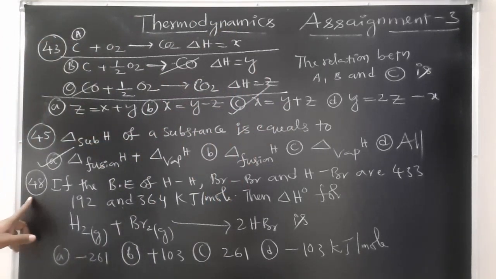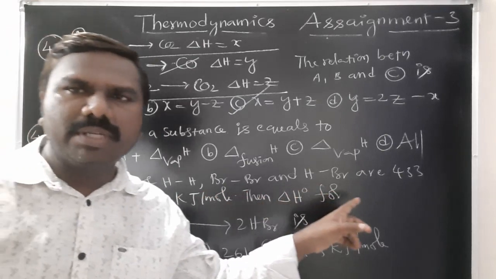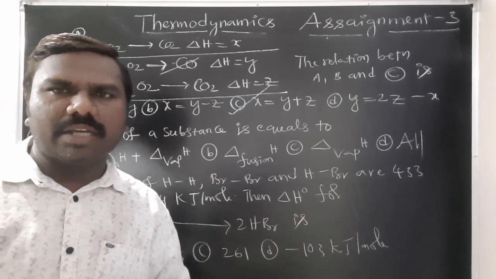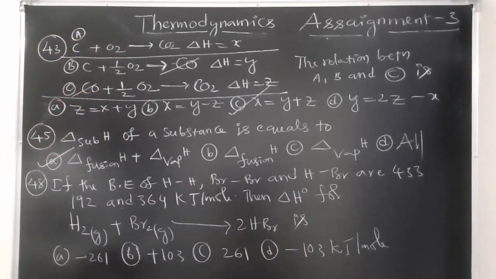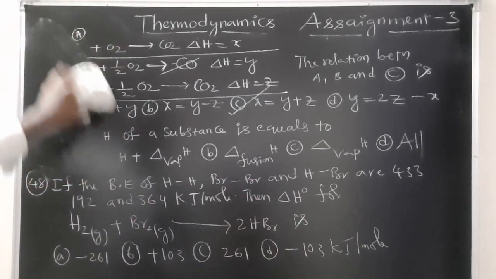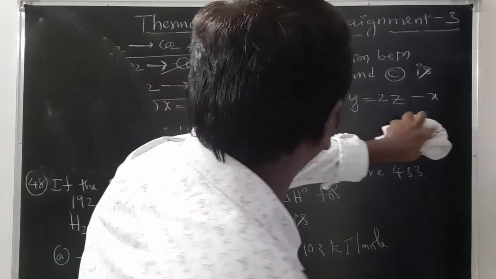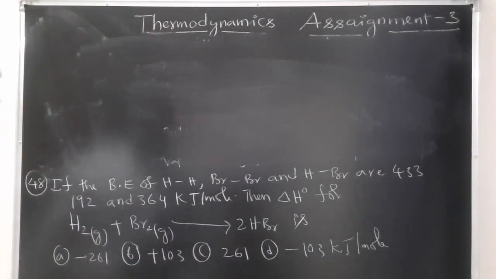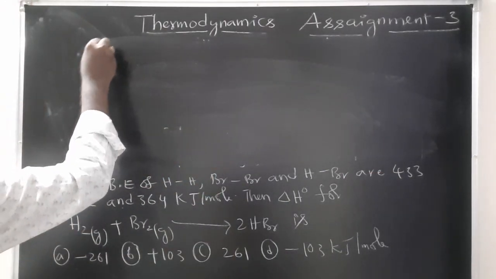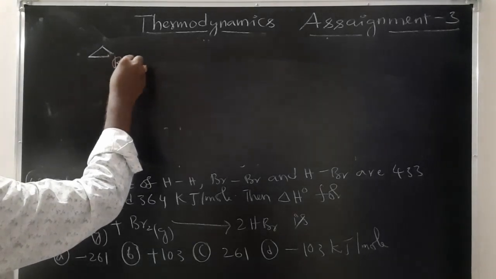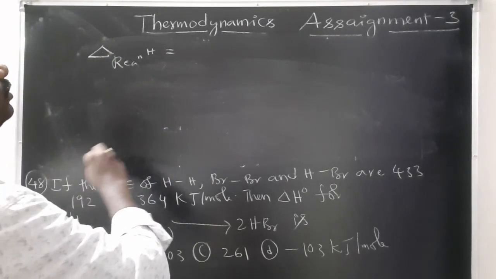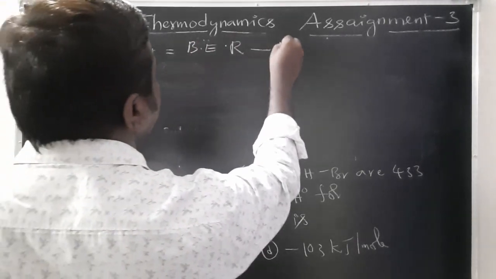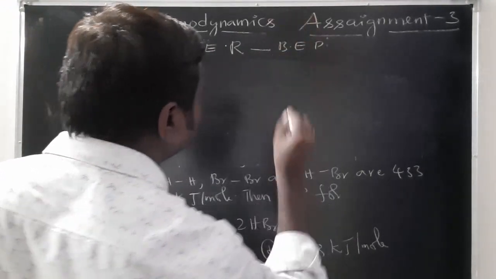Next, 48. If the bond enthalpies of HH, BrBr and HBr are given, what is the enthalpy of the reaction? Bond energy is given, so the formula is: enthalpy of reaction is equal to bond enthalpies of reactants minus bond enthalpies of products.